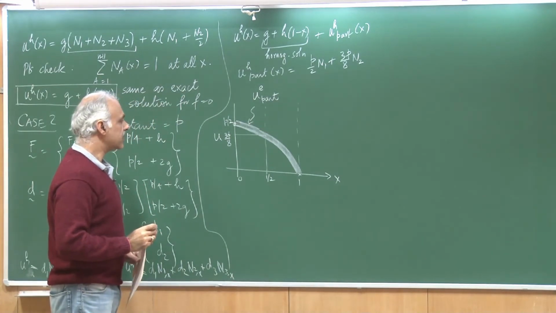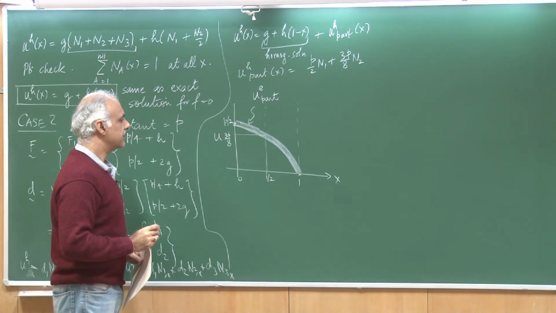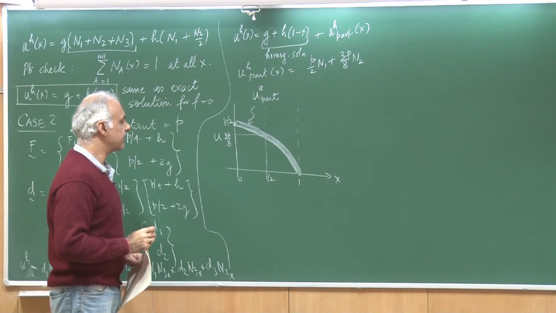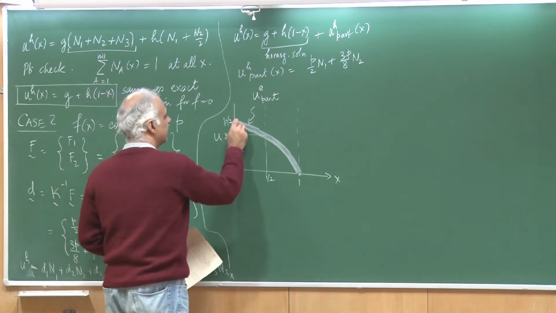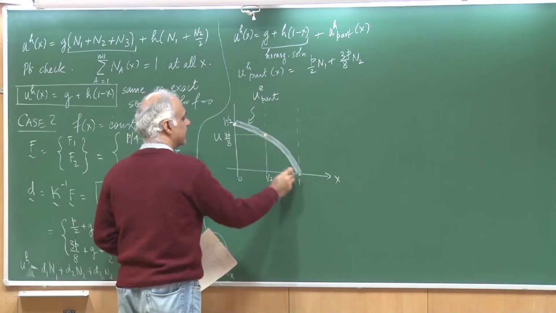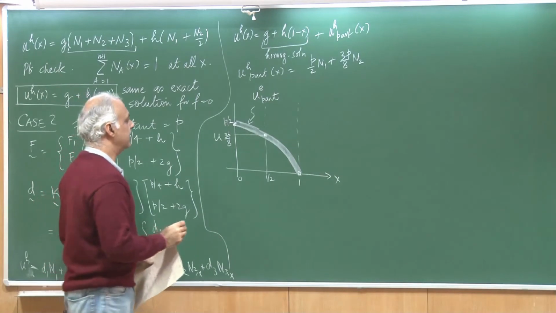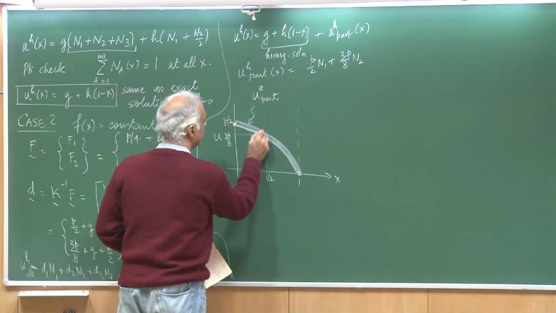Now, if you plot the numerical solution, the discretized solution from the finite elements, magically you are able to recover the exact values at the nodes, and of course in between it would be linear.